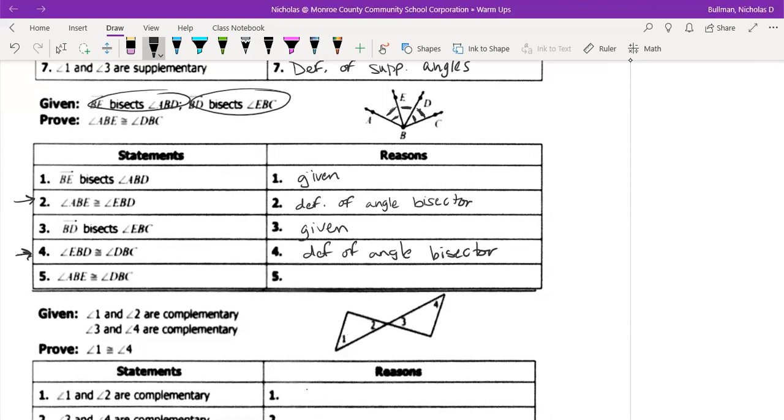Notice one side of the congruent side is exactly the same on both, EBD, EBD. And by transitive property, that means I can cancel that out and set the other ones congruent to each other, which is exactly what my statement 5 tells me. So this is my transitive property of congruence. And notice it is of congruence instead of equals.